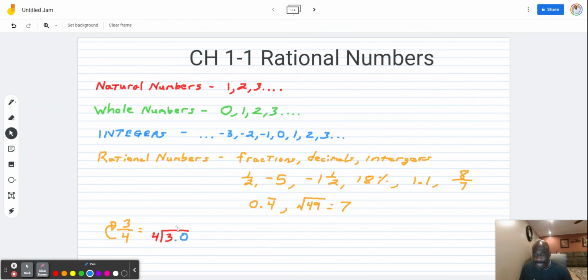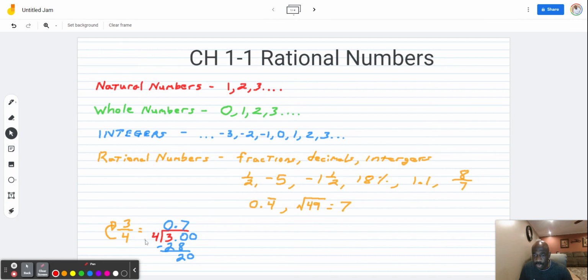That decimal goes straight up into your answer. 4 can't go into 3, so you put a 0 here. 4 does go into 30, goes in there 7 times. So 4 times 7 is 28. So when you subtract that, you get a 2.